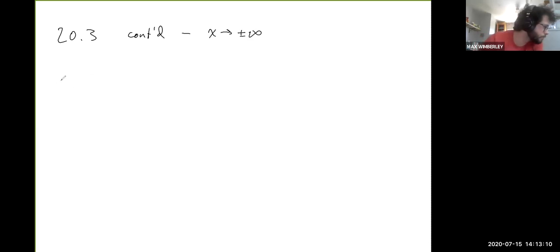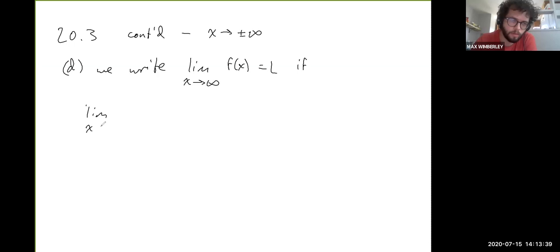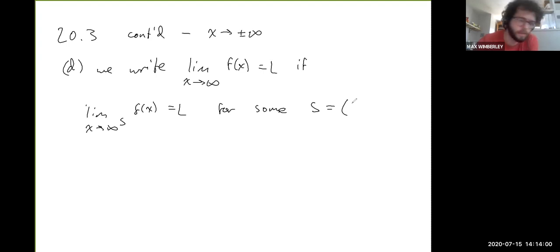So we write the limit as x approaches infinity of f of x equals L if the limit as x approaches infinity along S of f of x equals L for some S of the form (c, infinity).